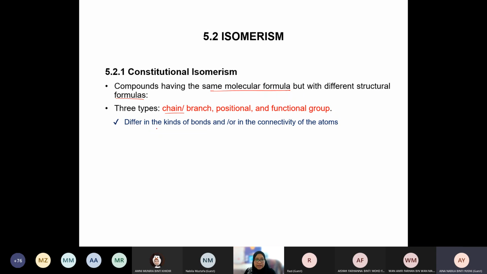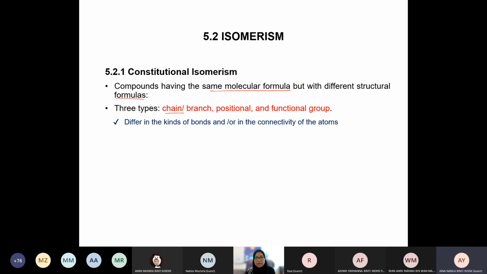So they differ in the kinds of bond and or in the connectivity of the atoms, where we could play around with the chain or the position of the functional group, or even the functional group can also be altered to something else, but as long as it obeys the molecular formula, therefore it is considered as isomerism.